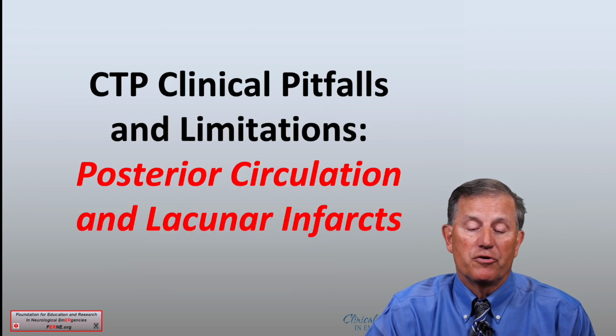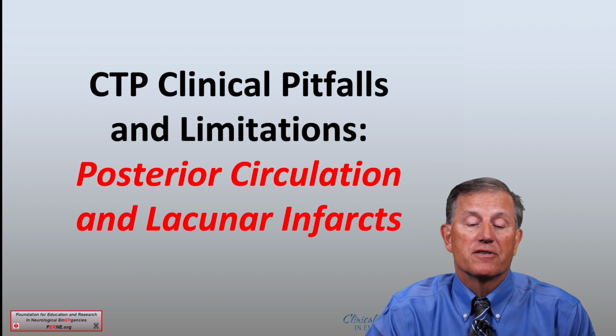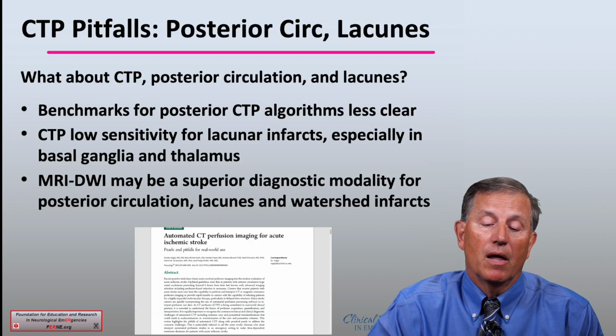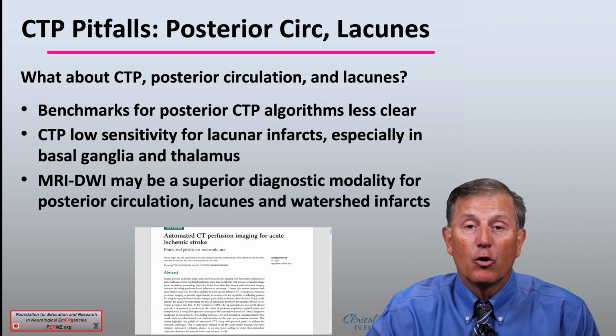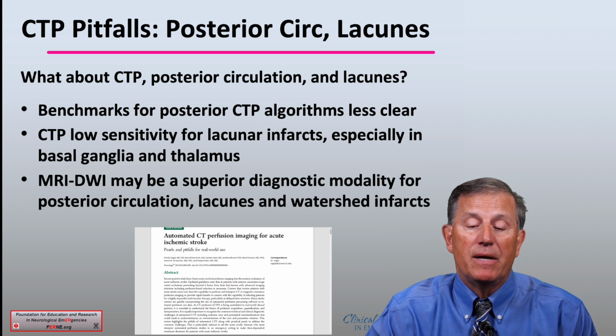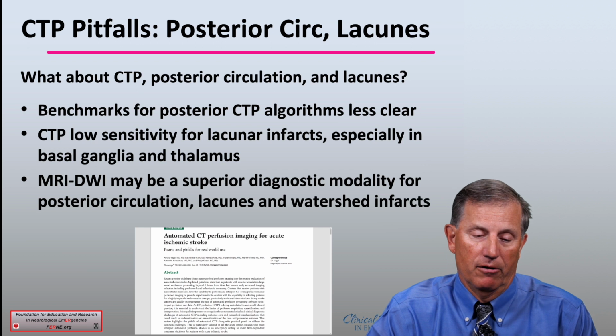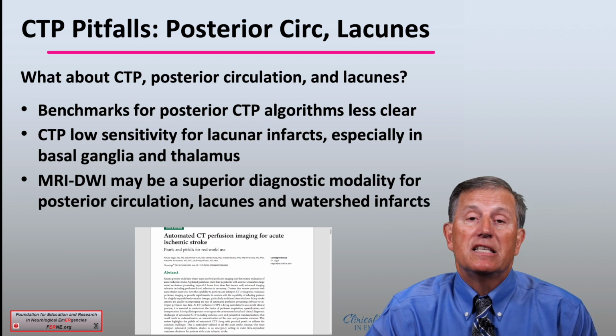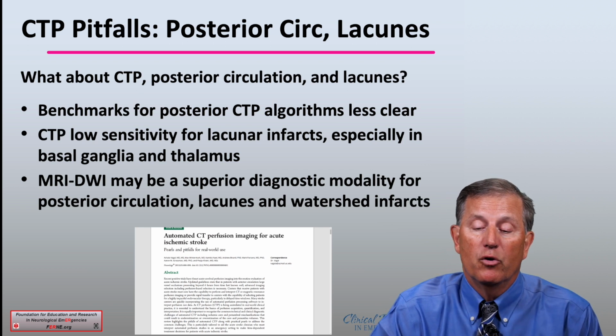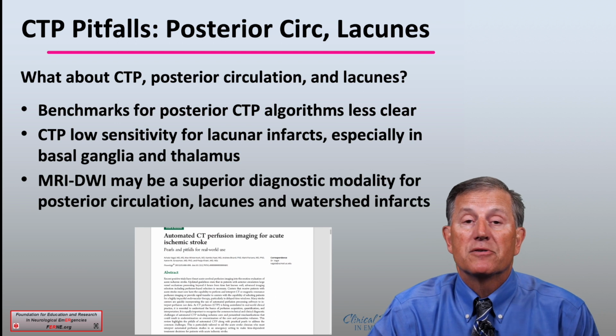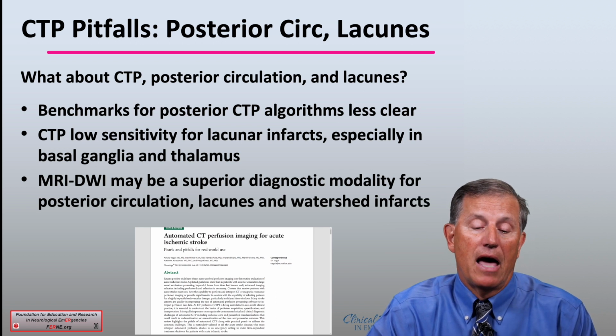What about posterior circulation and lacunar infarcts? We know that the benchmarks for the algorithms for understanding CTP in posterior circulation stroke are less clear. We also know that CTP is low sensitivity for lacunar infarcts, especially in the basal ganglia and thalamus.